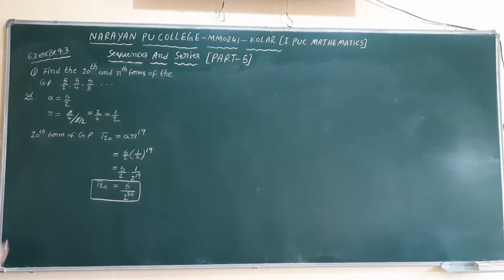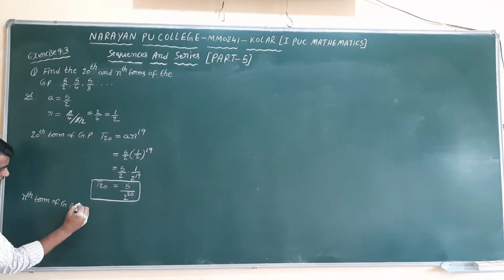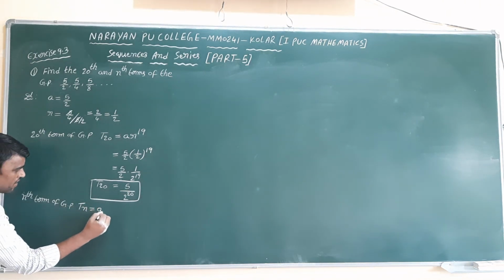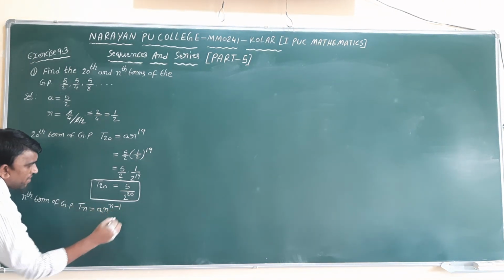Now the nth term is asked. So the nth term of a GP, Tn equal to AR power n minus 1.